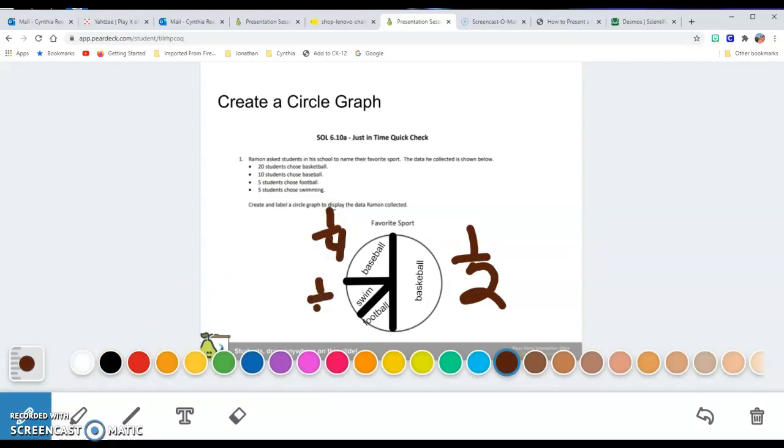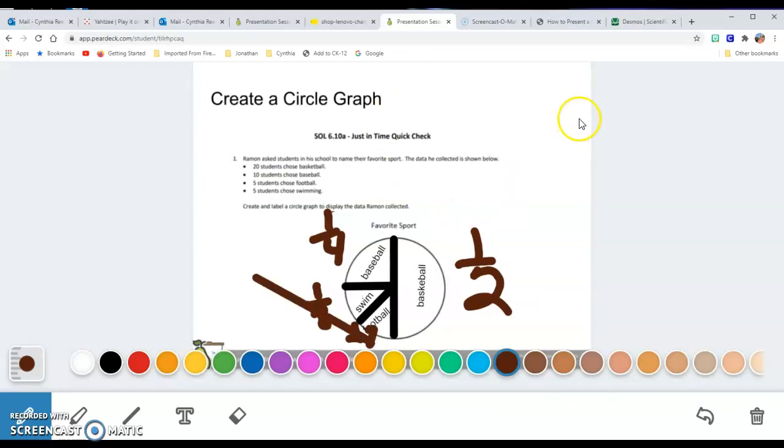This is 1/8. 1/8. Looks a little freaky, but let me show you how I got that.